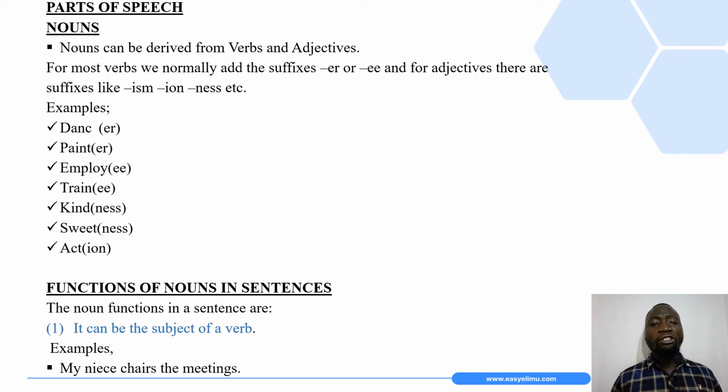So for most verbs, we normally add the suffixes er or ee to form a noun. And for adjectives, there are suffixes like ism, ion, ness, etc.